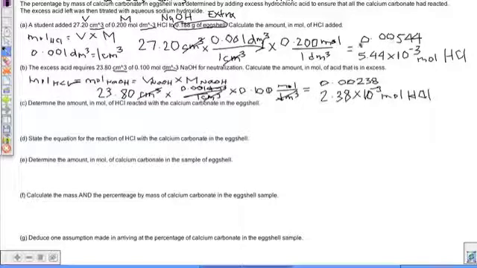This is the amount of HCl that we started with. So we can take the 5.44 times 10 to the negative 3 and subtract from it the 2.38 times 10 to the negative 3 moles of HCl.